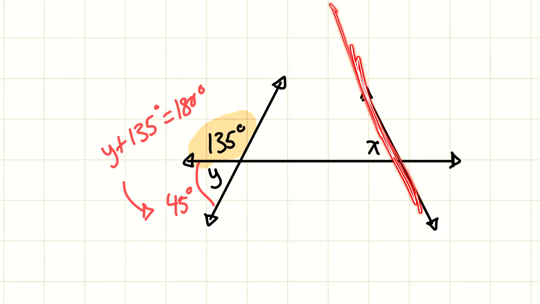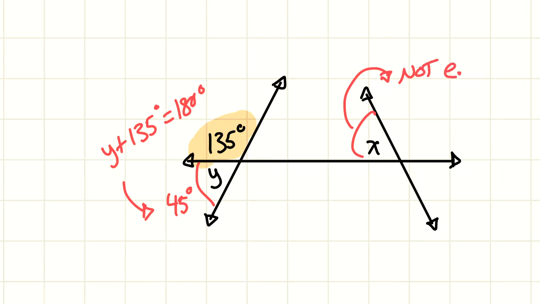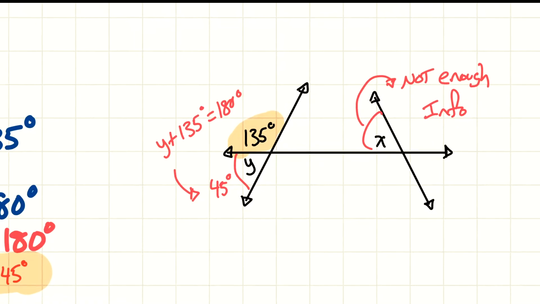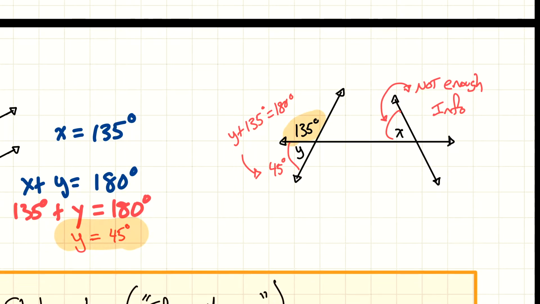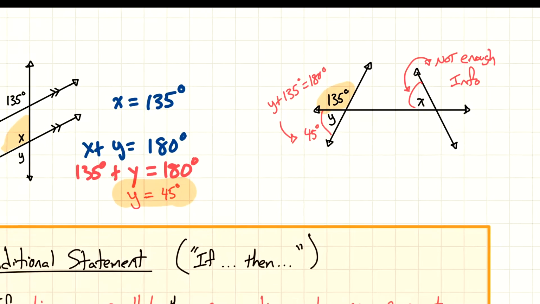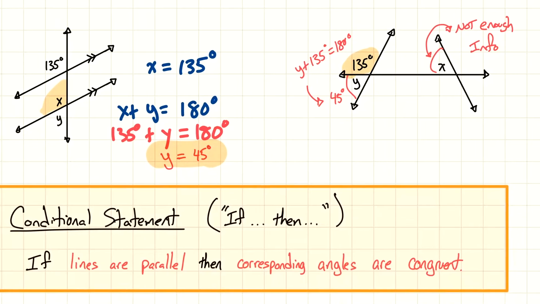And then you'll notice these lines will probably intersect, which is not good. So there's not enough info to figure out what x is. In some cases, we could figure it out. In some cases, we can't. The key is, do we have parallel lines?